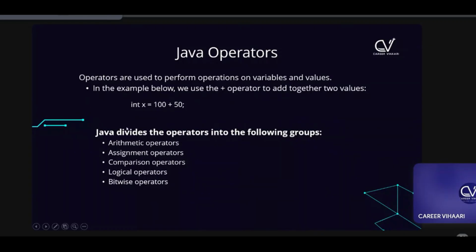Okay, in Java we have different types of operators: arithmetic operators, assignment operators, comparison operators, logical operators, bitwise operators. Arithmetic operators are nothing but plus, minus, and so on.